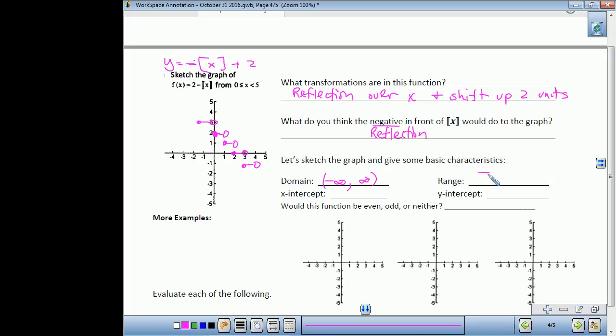So I'm going to do the double D. The x-intercept, well, it crosses the x-axis over the interval from 2 to 3. And our y-intercept is just the point 0, 2. And it's always going to be neither.